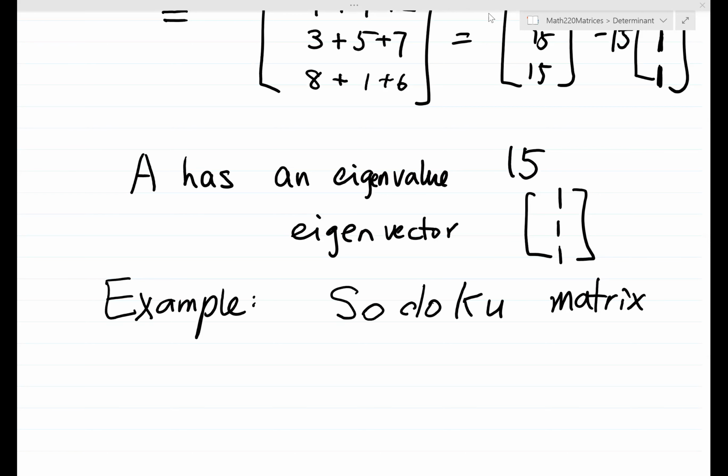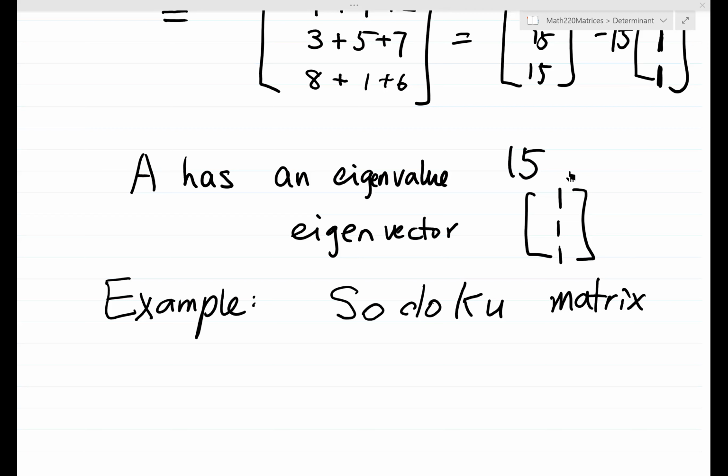Let me show the picture. You see the matrix, you see the numbers.